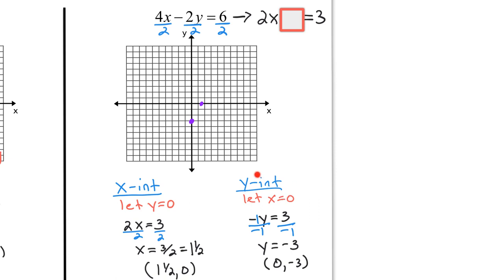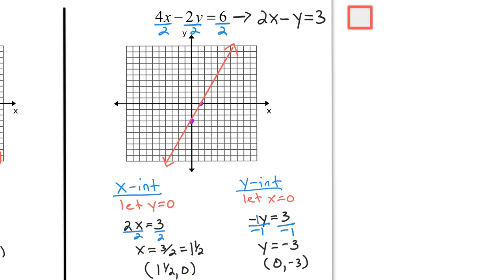When you look for the y-intercept, then you cover up the x like this, and you write down negative y equal to 3, and you solve for y. So that's it. That's just another way you can solve for the x- and y-intercept. You need your line, so you connect the 2 points, and you have the linear graph.